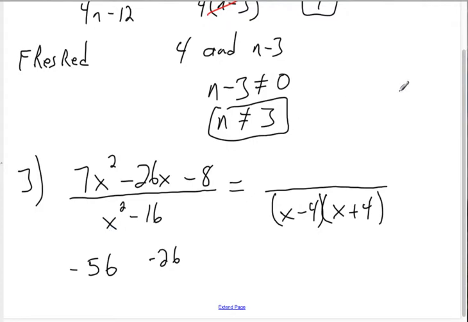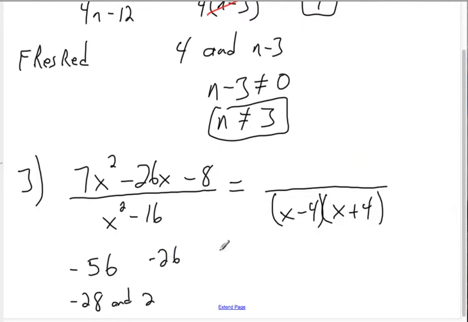No, that didn't work. Okay, so let's see what we got here. We can try, looks like negative 28 and 2 will work. I started with 56, that obviously wasn't working, but 2 and 28 are 26 apart, so that's going to work.